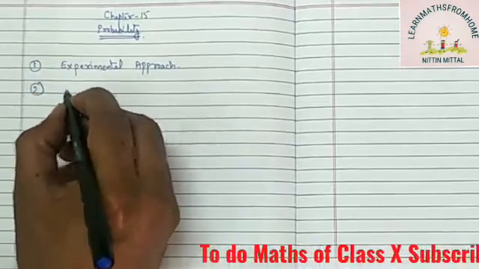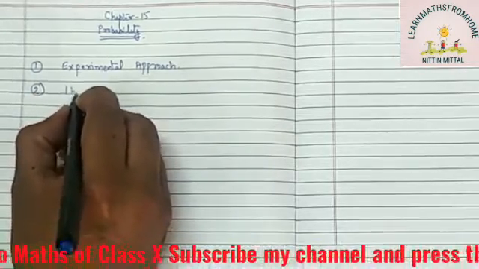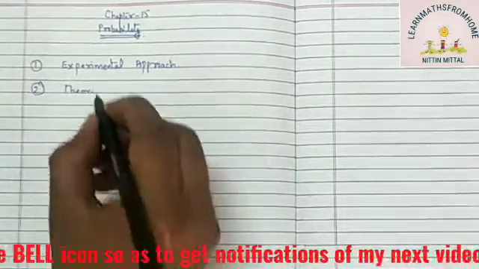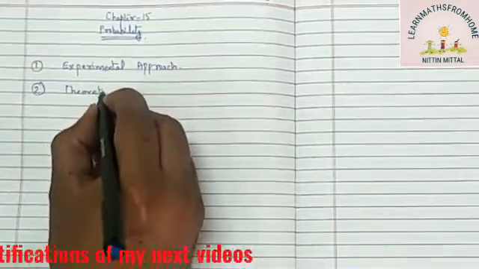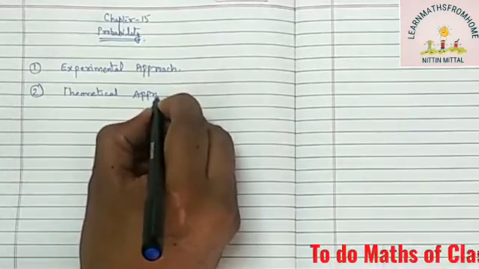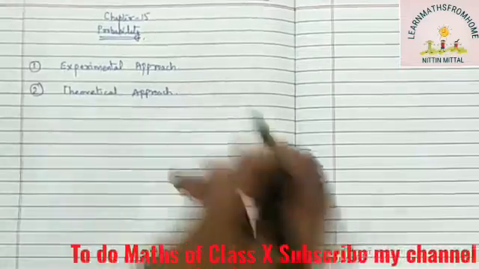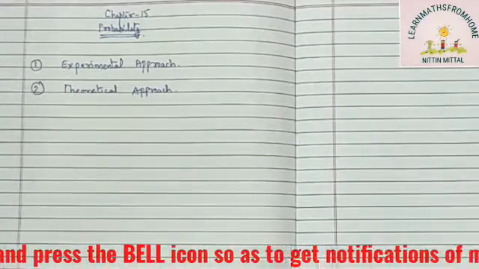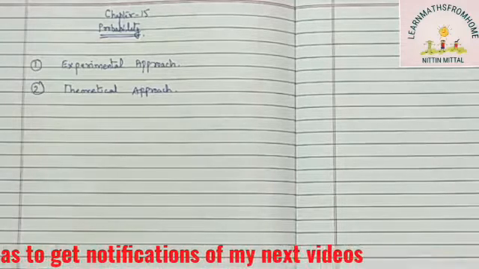Second is theoretical approach. So these are the two approaches under which we can calculate the probability.